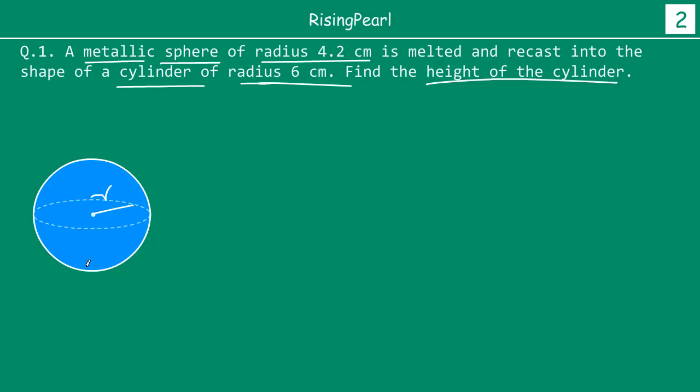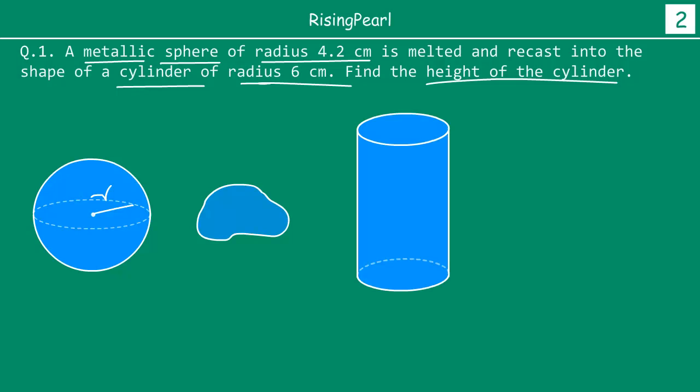Now this is melted. When you melt this, you will probably get something like a blob of melted metal. And then we use this to make a cylinder. So you melt this, you get this stuff, and then you use this stuff to make this cylinder.